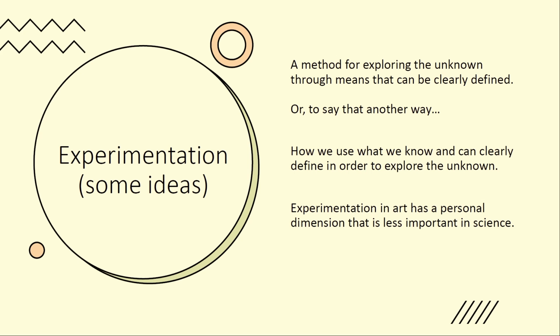It's about defining methods and defining parameters of perhaps how loose you might get, but it's about defining things in order to explore the unknown. And often those experiments become quite controlled. In fact, all of the examples of artists that I discuss in this slide presentation are artists who are working in very controlled ways with their experiments. And you'll see the kinds of results that produces.